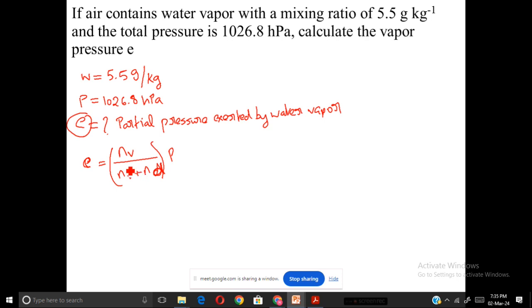So NV, the water vapor present, divided by the total number of moles, into the total pressure will give you the vapor pressure.